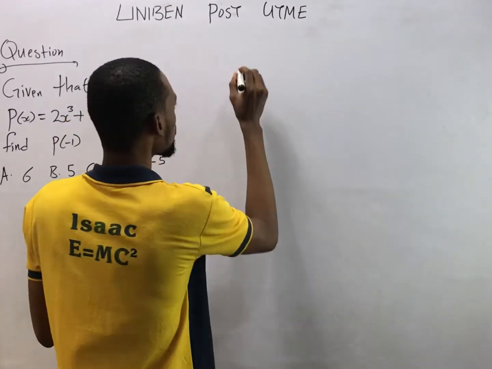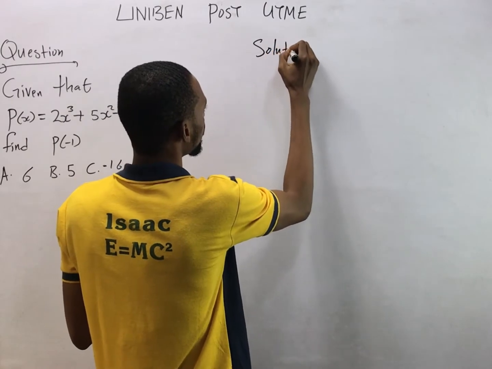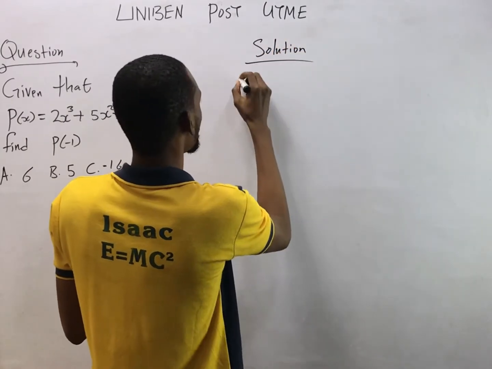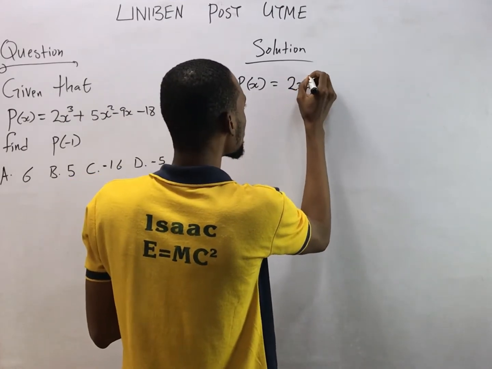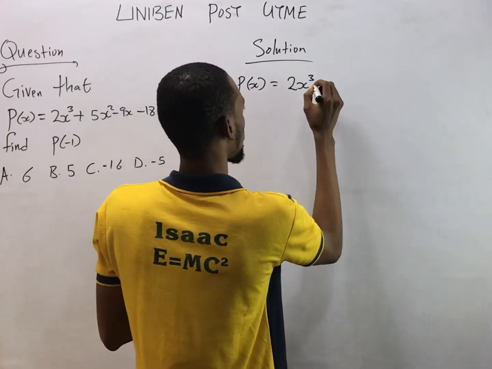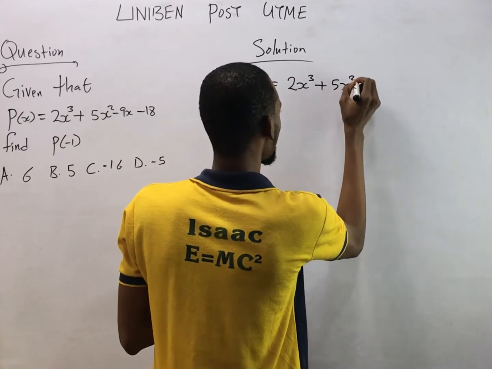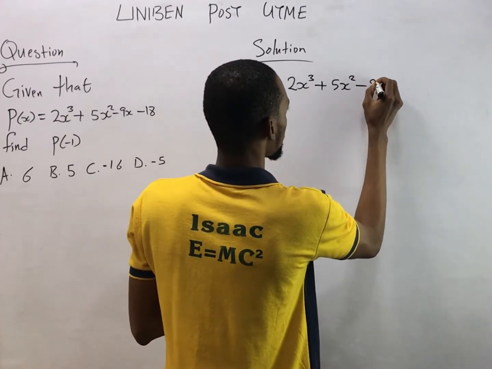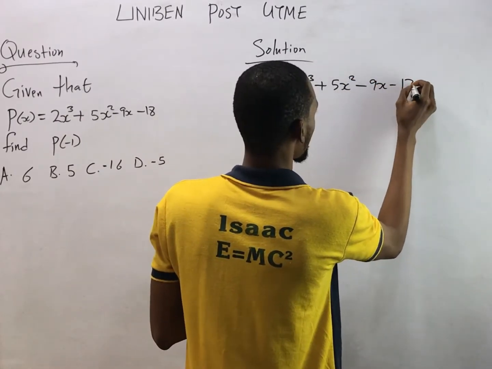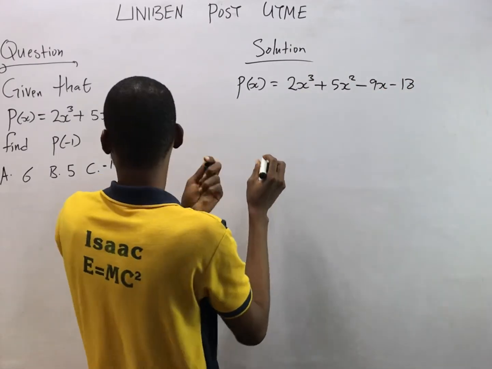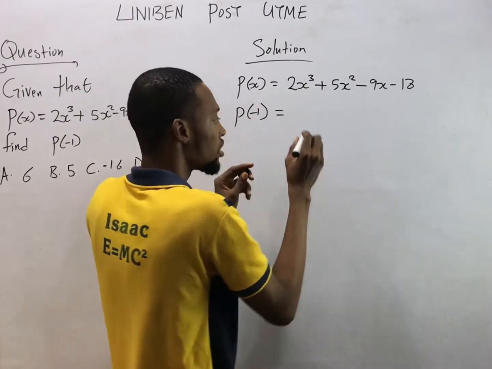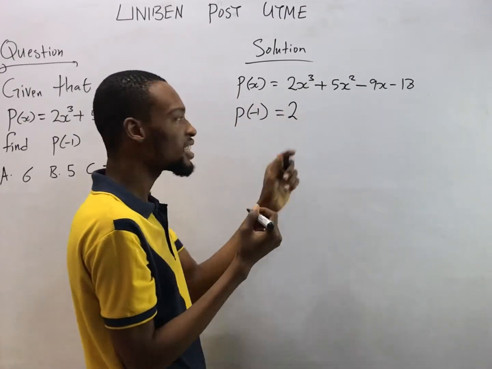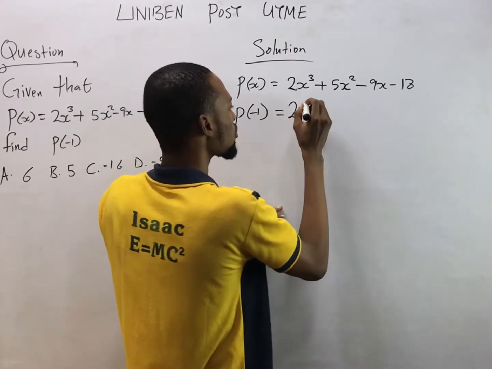Solution. P of s is equal to 2s raised to the power of 3 plus 5s raised to the power of 2 minus 9s minus 18. In this case, P of minus 1 will be equal to, instead of s, it will be minus 1.